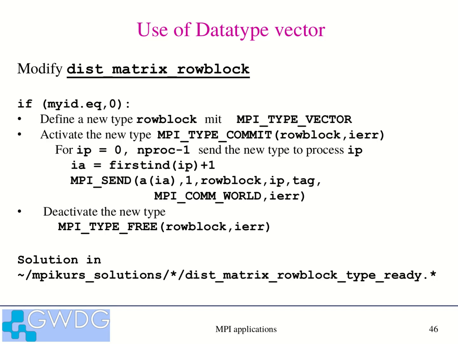Then you have to free this new data type. And of course, on the receiving side, all other processes just receive their data, sent with this type, into a local array contiguously.